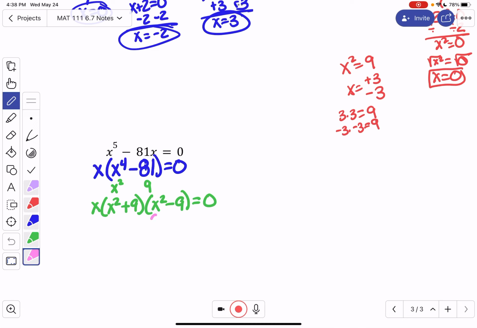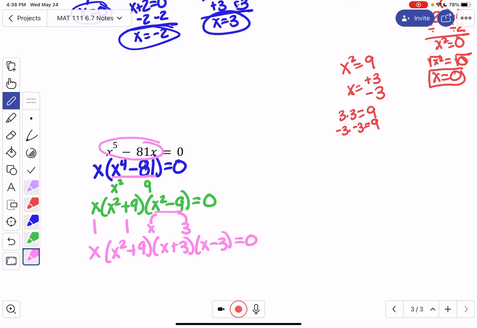Now, x squared minus 9 can break into (x plus 3) and (x minus 3). So if I were to write this, I would get x times (x squared plus 9)(x plus 3)(x minus 3). So I did greatest common factor. Then I did difference of squares. Then I did difference of squares again.